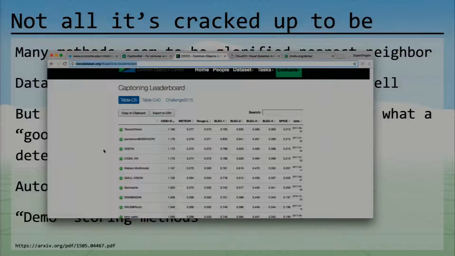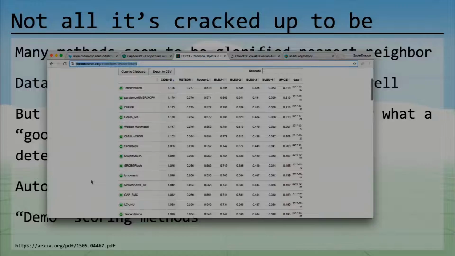But the interesting thing about these automated scoring methods, like CIDEr and METEOR and BLEU, is that these are the top image captioning algorithms according to these metrics right now.